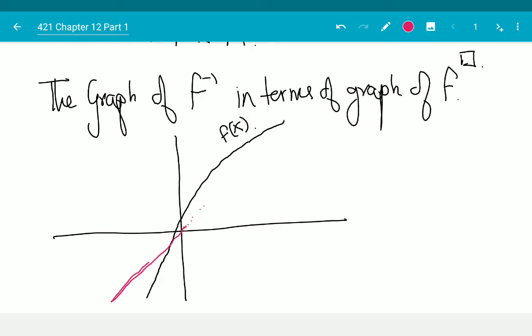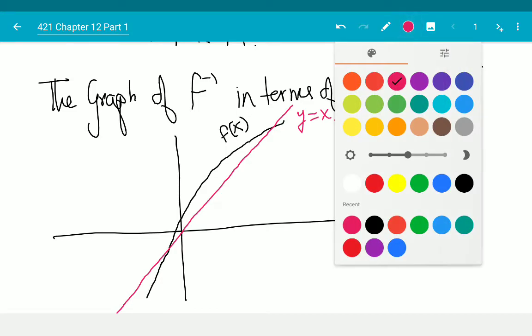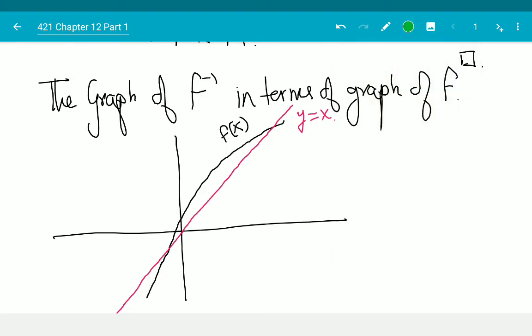So this is my line y is equal to x, and I am going to invert the graph around y equals x, because what is happening?